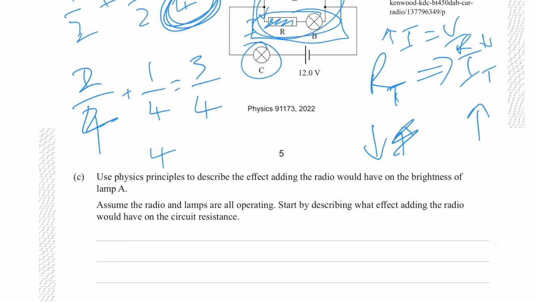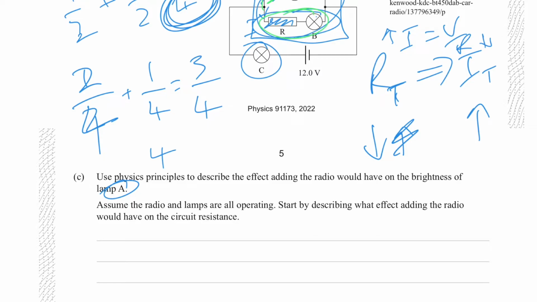So now that we know there is an increase in current flow in the entire circuit, what are we looking at? The brightness of lamp A. If we've increased the current flow, we've not only increased the current flow in the total circuit, but we've increased the proportion going into circuit A. So more current is going into circuit A because you've increased the resistance in the alternate pathway.